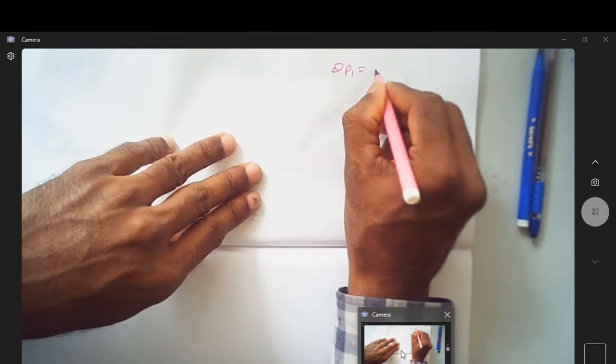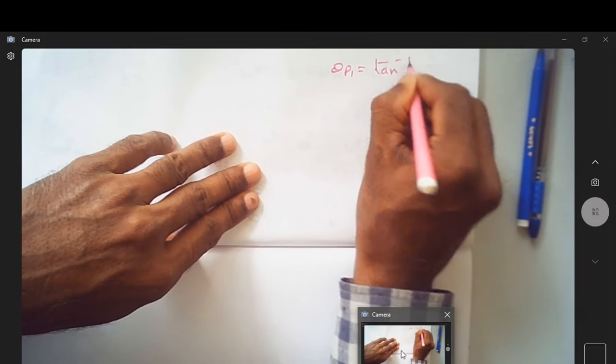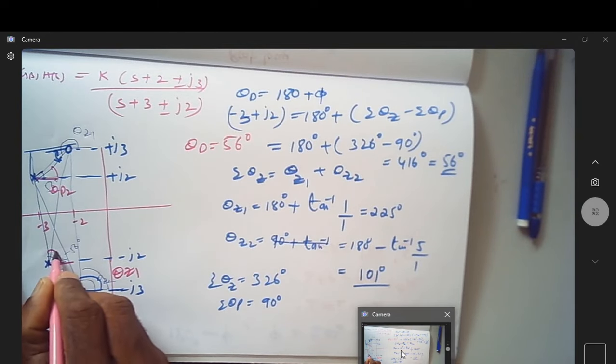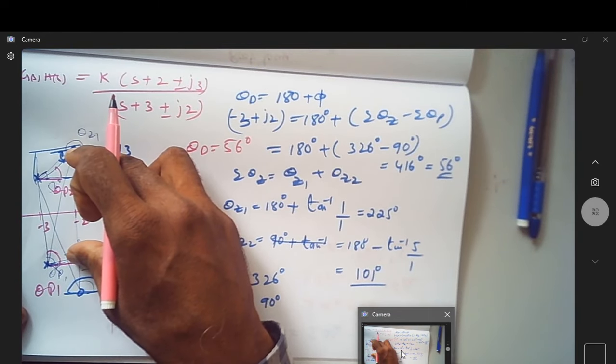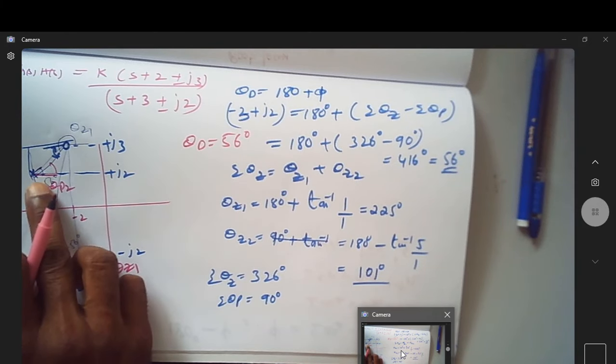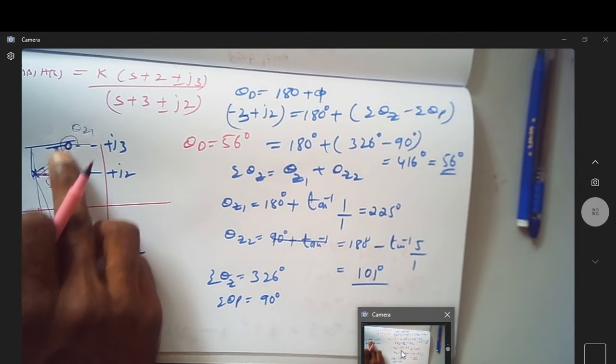So this is tan inverse of 5 by 1. Correct? So tan inverse of 5 by 1. And how about theta p2? Is it not tan inverse of 1 by 1?